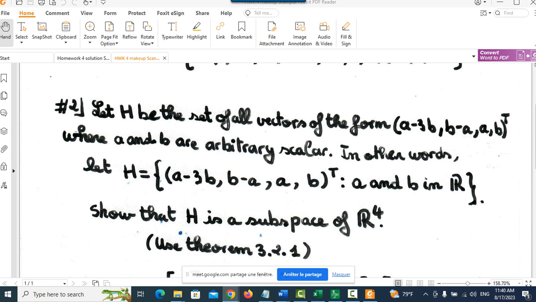Show that H is a subspace of R4. The way you can easily do it is to use theorem 3-2-1. Normally if you have a question like this, you have to try to write this as a linear combination of the vectors in R4, but an easier way to do it is to use theorem 3-2-1.